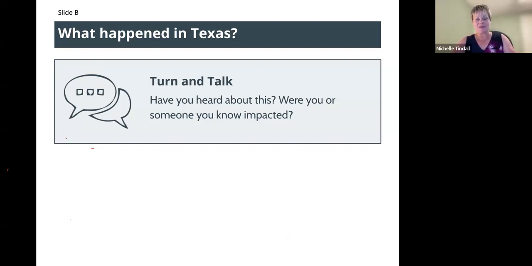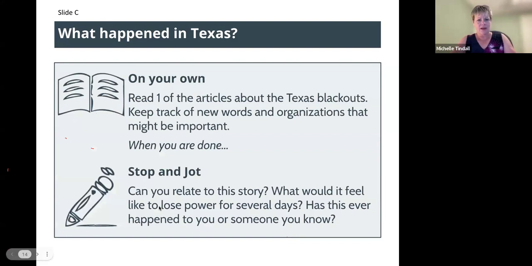Luckily, the folks I know from Texas were not in Texas at the time, but it was a very big deal for those who lived in Texas during that time. It was very newsworthy, and unusual, right? So we needed to find out a little more about what happened in Texas. Let's move on.